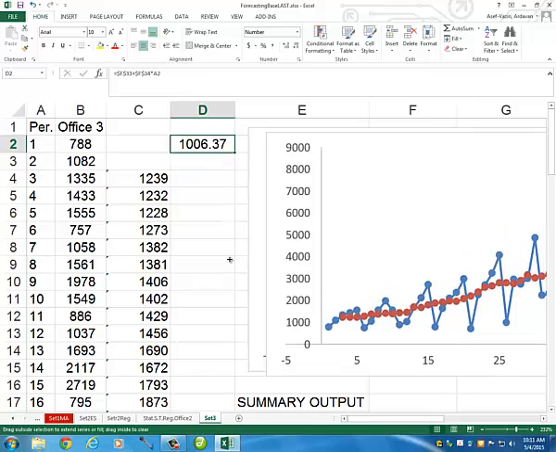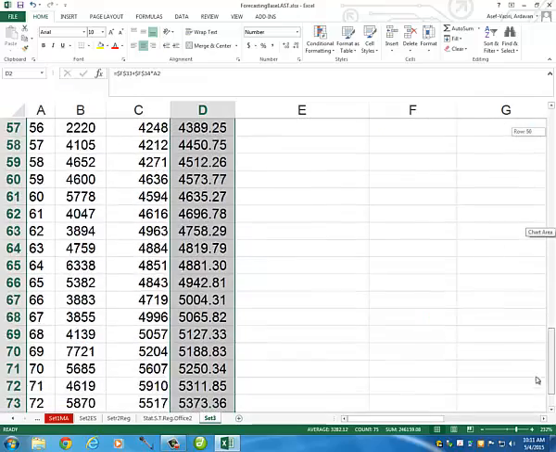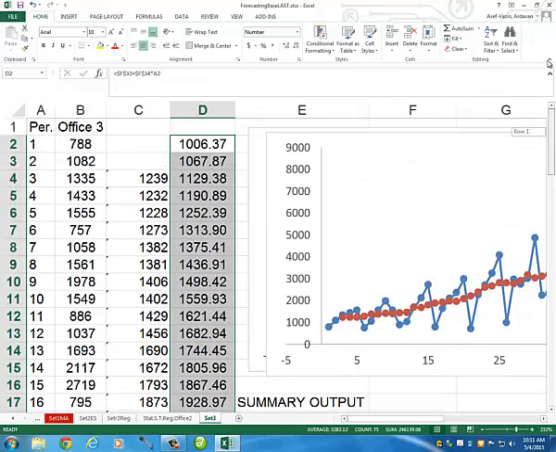Then I copy it down. Therefore now I have the regression line.